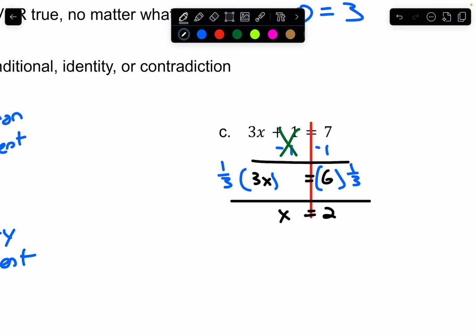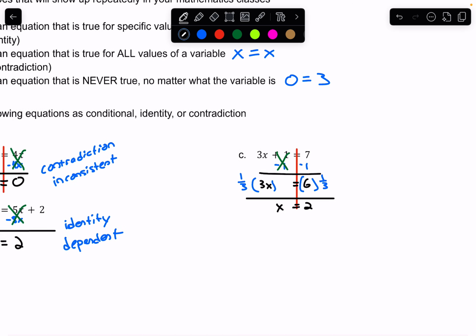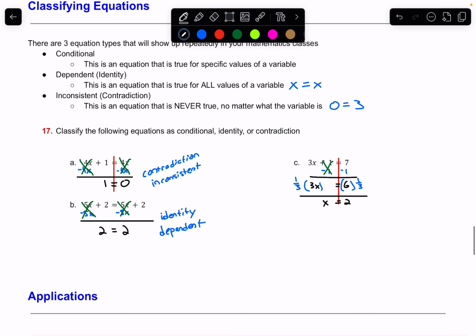Because I get one value for x, this is called being a conditional equation. See way up there at the top. So all we have to do is say conditional, where this is only true if x equals 2. If x equals anything else, then we don't have a solution.